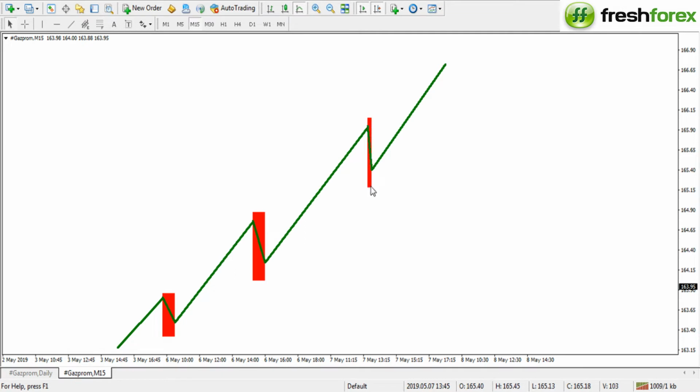This one. So this is what we expect to happen, that the price should move up, retrace back slightly, continue up, back slightly, continue up, retrace back slightly, and then we expect that where the price is at the moment, it should retrace just slightly before it spikes even higher. This is what we expect.